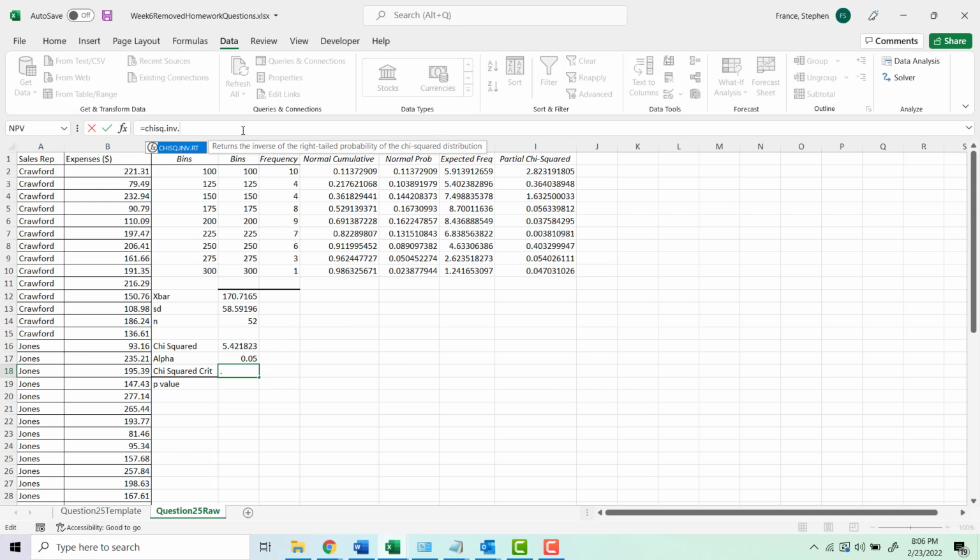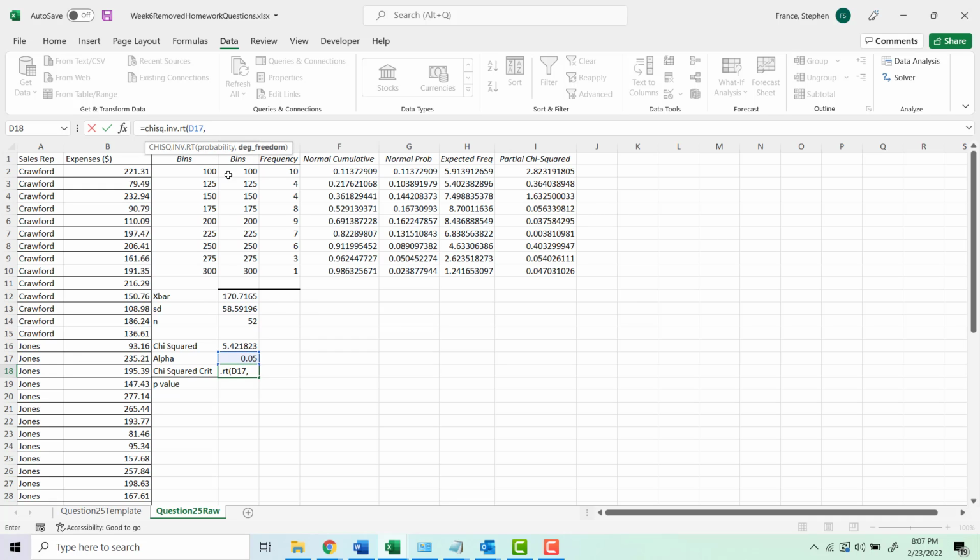So we always use the right tailed function with the chi-squared, like in the example video I gave you for the chi-squared association where I drew the chi-squared. And the probability is going to be my alpha, and it's from the right tail.